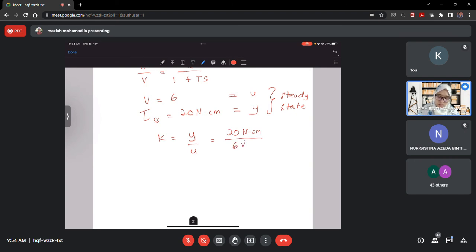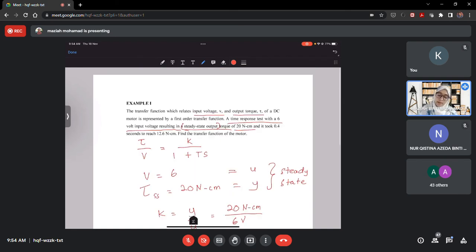So K you will get 3.33 Newton centimeter per volt. That will be the K, because the value is at steady state.